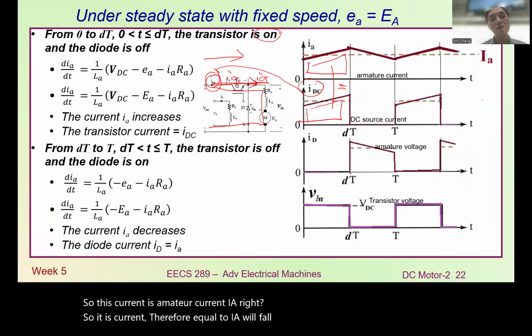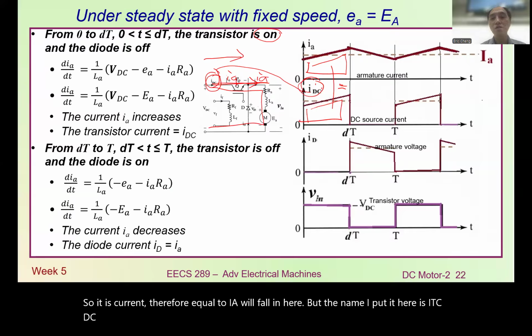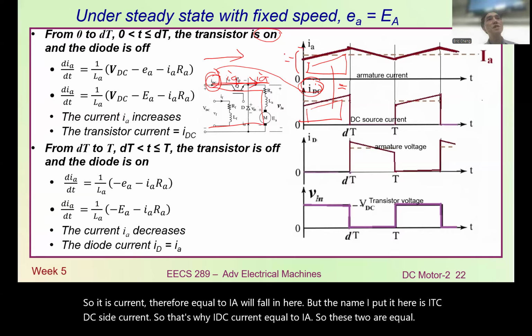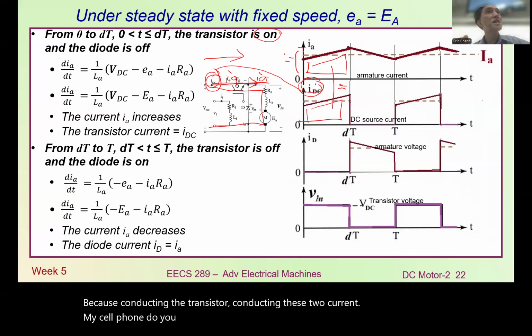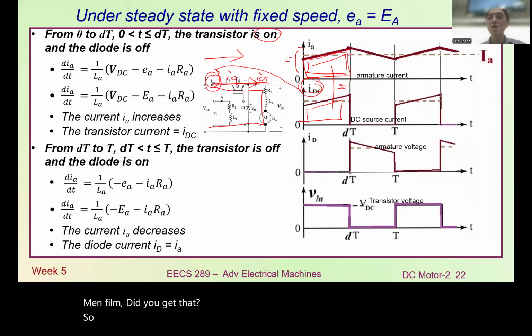But the name I put here is IDC, the DC side current. That's why IDC equals IA. These two are equal because the transistor is conducting. All right, Serifo, do you get that? Okay. Manvia, do you get that? That's why this kind of shape will appear here. These two are exactly the same.